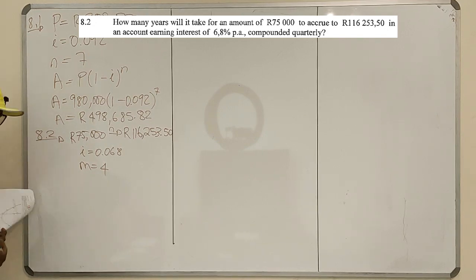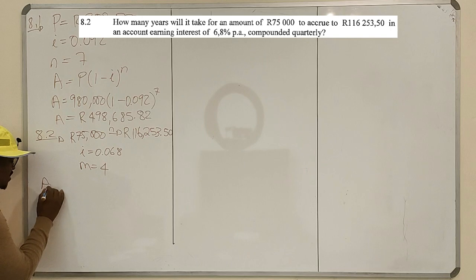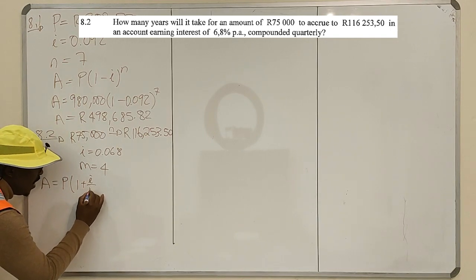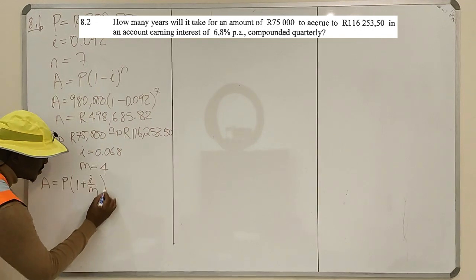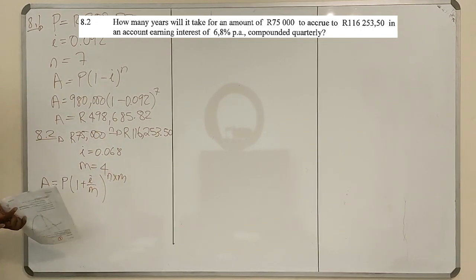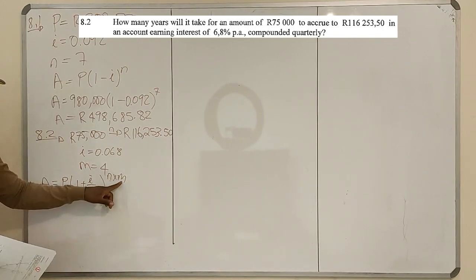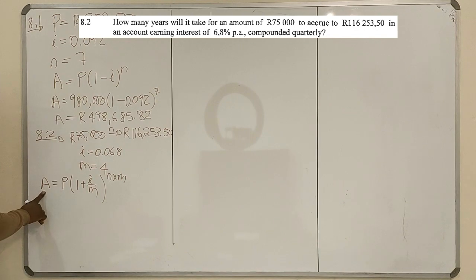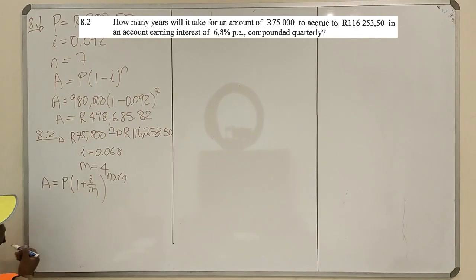It's a one-time payment. So for one-time payments, A is equal to P(1 plus i over m) raised to n times m, where n is the number of years, which is what you're trying to find, and m is your compoundings.